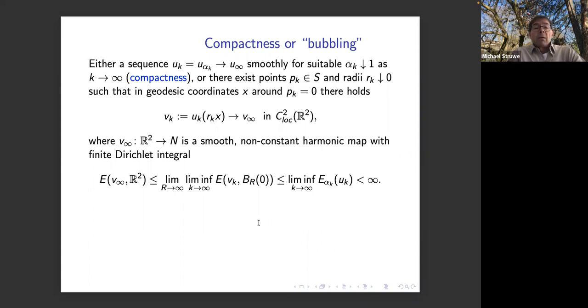And Vk is just the rescaled Uk. So the Dirichlet energy scales invariantly, and as you increase alpha, you can bound the Dirichlet energy from above by the E alpha energy.